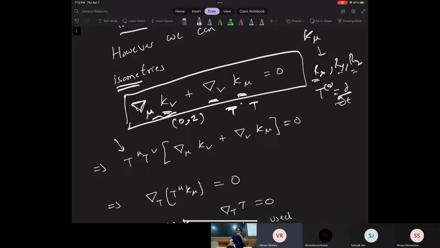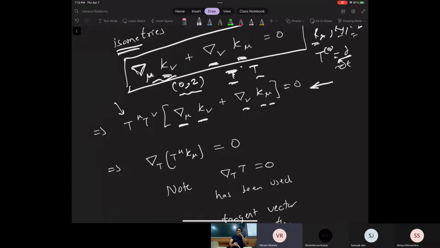You can always do this, because this dual vector takes in 2 vectors as input and returns a real number on the manifold. So in components, what we're doing is T^μ T^ν (∇_μ K_ν + ∇_ν K_μ) = 0. Now, one thing that we know is for this affine connection, if I have X^μ ∇_μ, then this is just ∇_X.